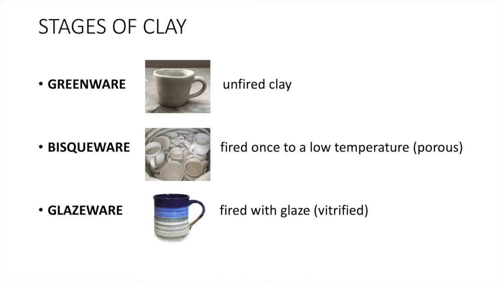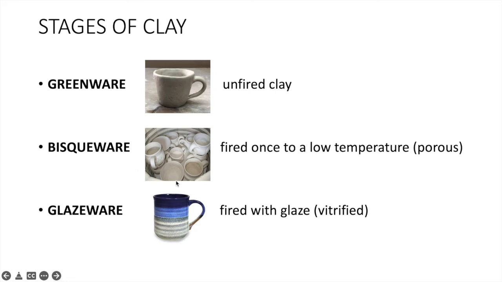Let's talk about the stages of clay first here. So unfired clay is called greenware. It's green, it's young, it's new, it's old, it's rock, but it's new to you. Bisqueware, it's been fired once at a lower temperature and it's going to be porous. We talked about that.